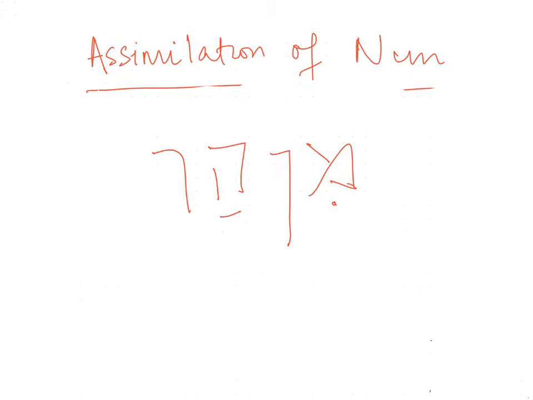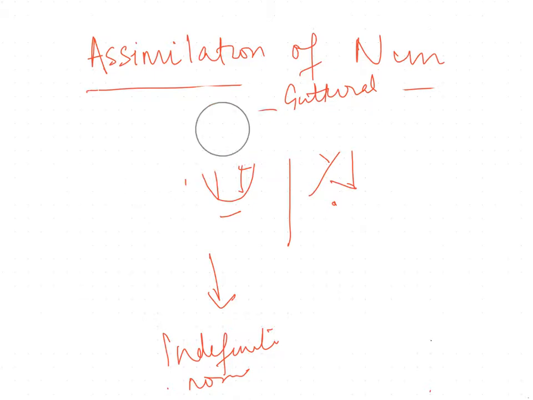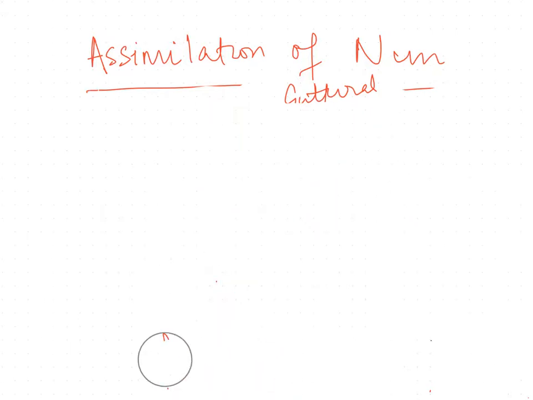What happens again in this case is that this is an indefinite noun, and in the case of an indefinite noun that has a guttural as its initial consonant, the nun is not able to assimilate as a Dagesh forte. So there is a lengthening of the preceding vowel out here. So what does the final form look like? I will explain that to you.